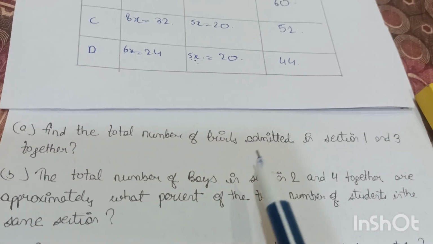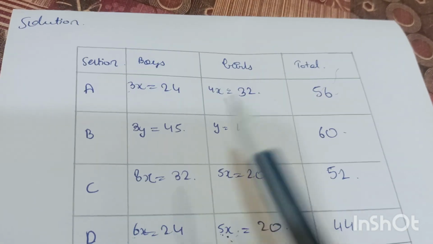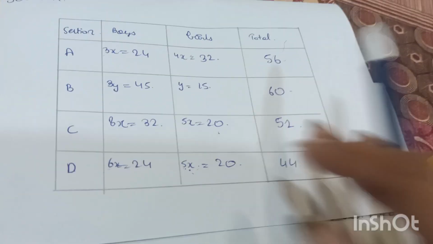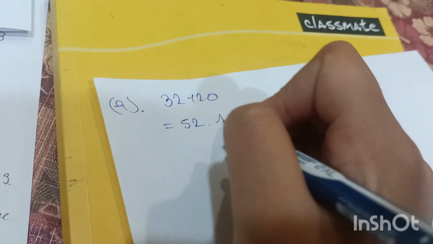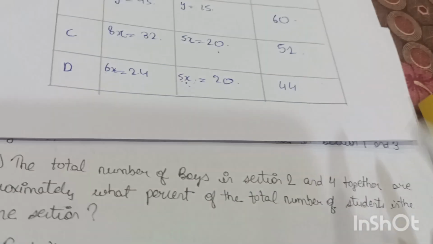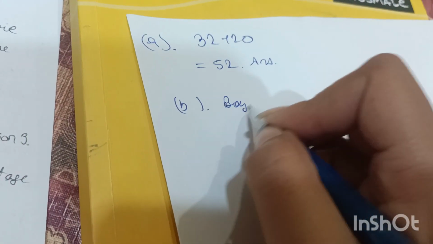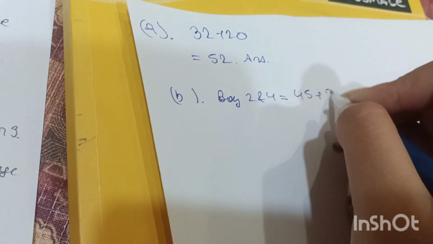So the total girls admitted in 1 and 3. Total girls in 1 is 32, and in 3, 20. If you add it, you'll get 32 plus 20 equals 52. Okay, now for this, the total number of boys in section 2 and 4 together. Boys in 2 and 4, (45 plus 24).